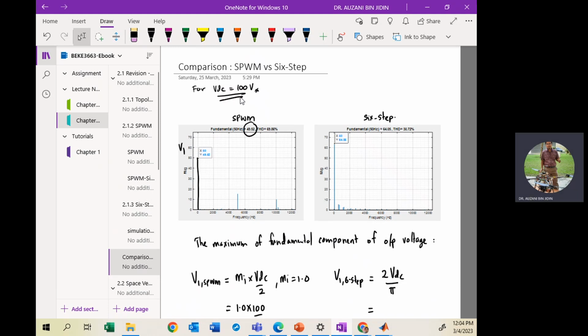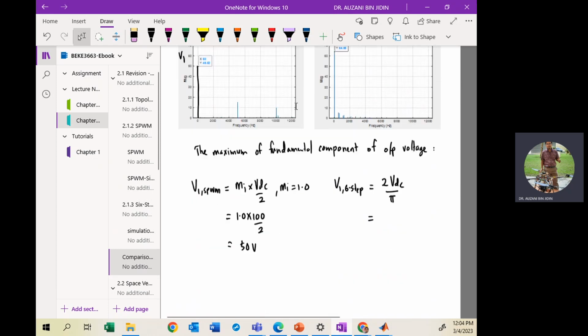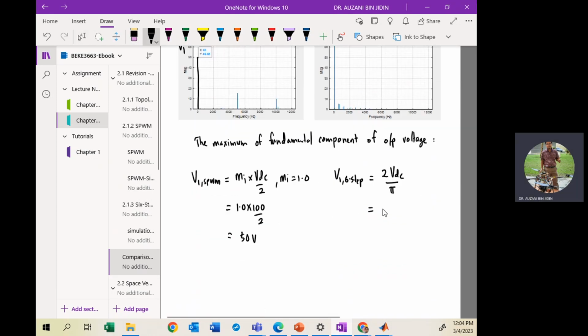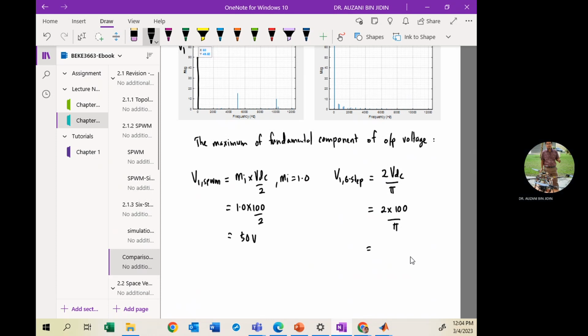So you must apply same DC voltage, input voltage, same load. Okay. So from here, 2 multiplied by 100 divided by pi, 200 divided by pi.